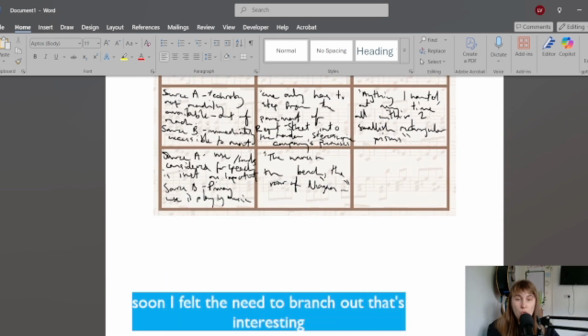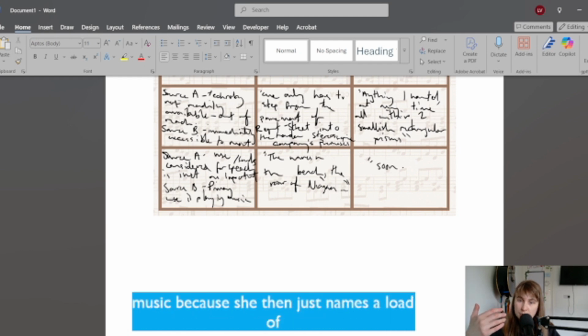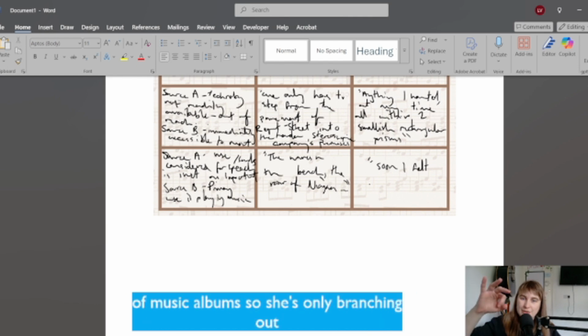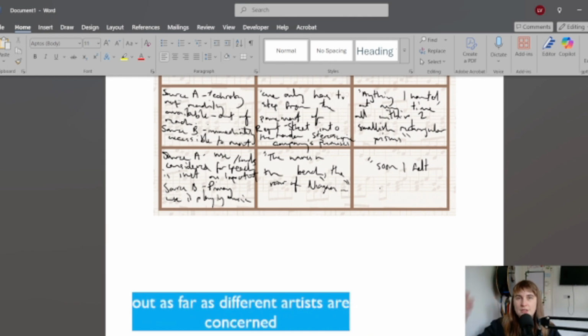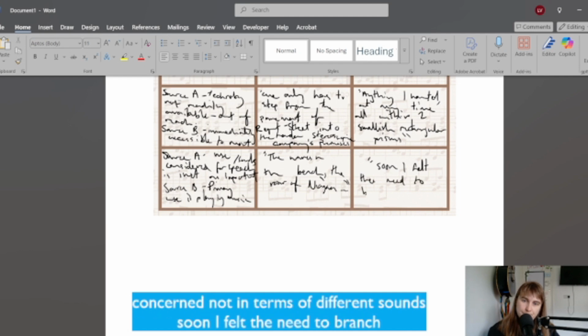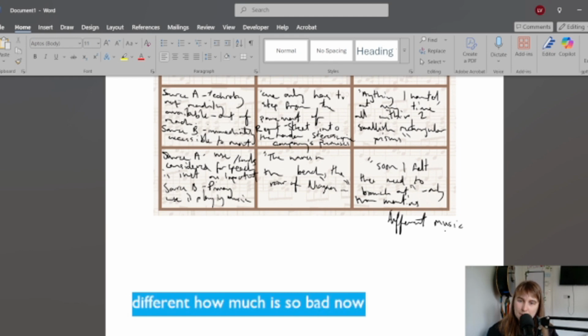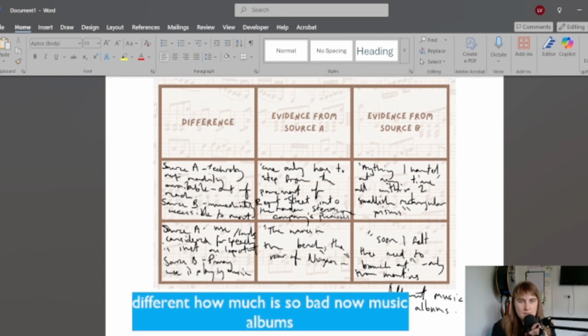That's interesting because all that involves is music. Because she then just names a load of music albums. So she's only branching out as far as different artists are concerned, not in terms of different sounds. Only then mentions different music albums. Okay. So there you have it.